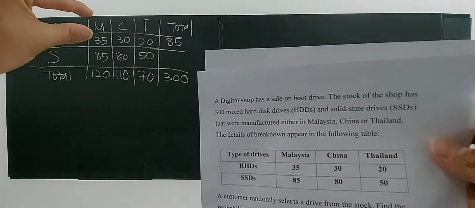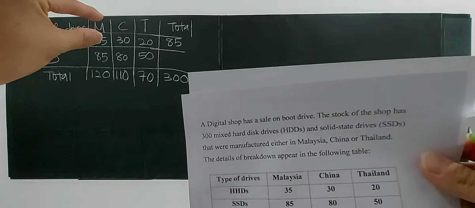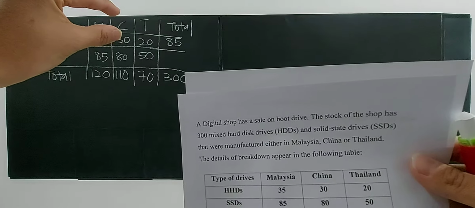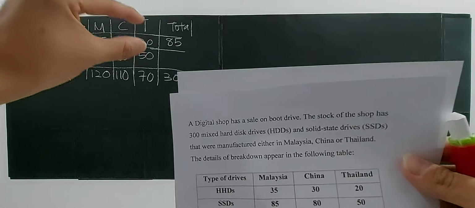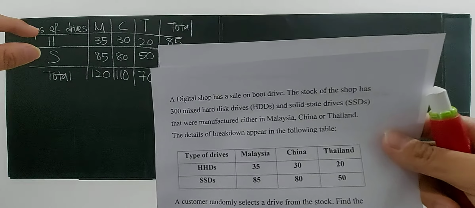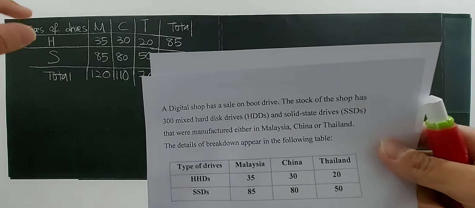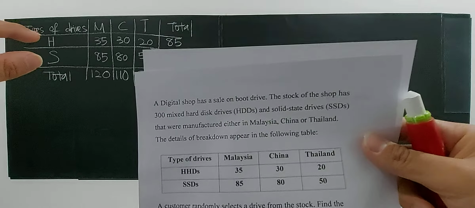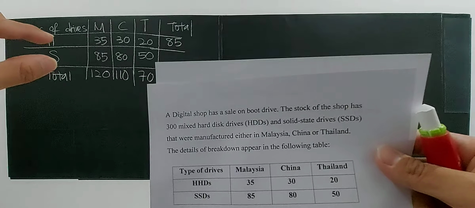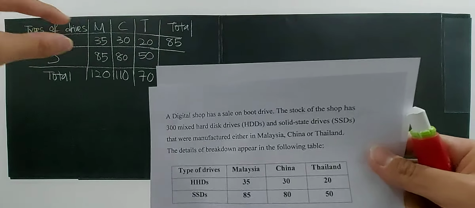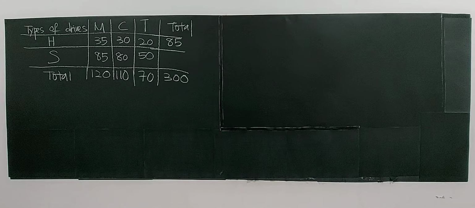This is the event of manufactured in Malaysia, this is the event of made in China, and this is the event of made in Thailand. And this is the event that it is a hard disk drive, HDD, and the S represents the SSD drive. I just put a capital letter to represent all the events here.